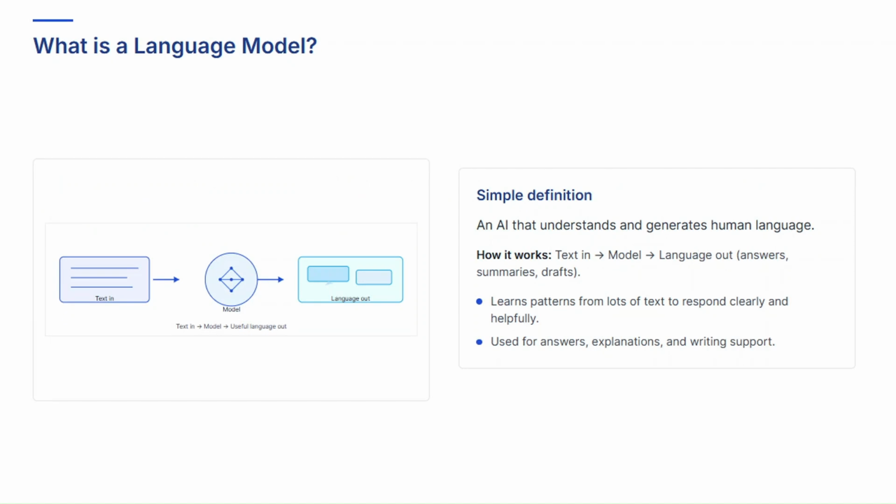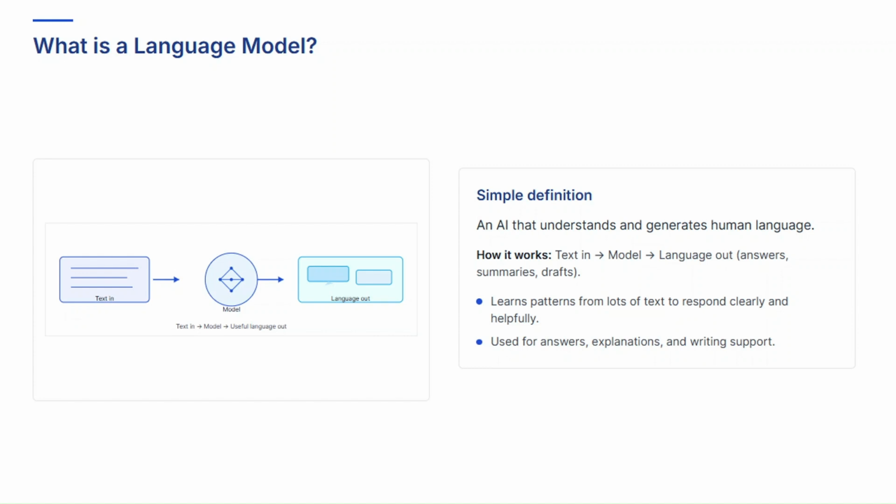Before comparing SLM and LLM, let's first understand what a language model actually is. In simple terms, a language model is an AI system that understands and generates human language. Here is how it works. You give it text or a question. The model processes that input and it responds with an answer, explanation, or summary.